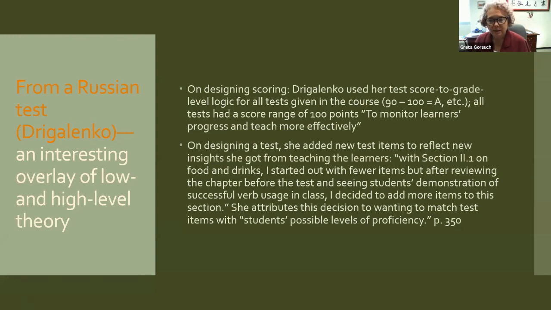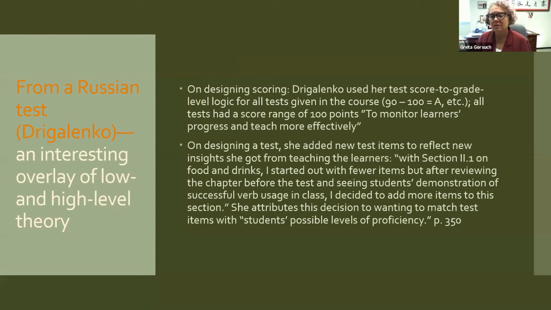So on designing the test, she added new test items to reflect new insights that she got from teaching the learners. She said, with section 2-1 on food and drinks, caviar, of course, "I started out with fewer items, but after reviewing the chapter before the test and seeing students' demonstration of successful verb usage in class, I decided to add more items to this section."